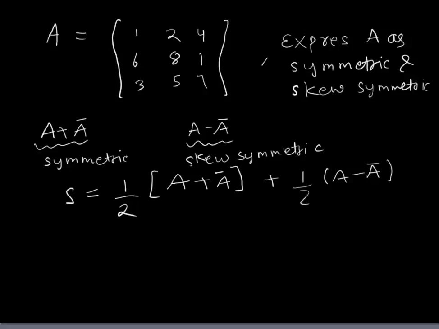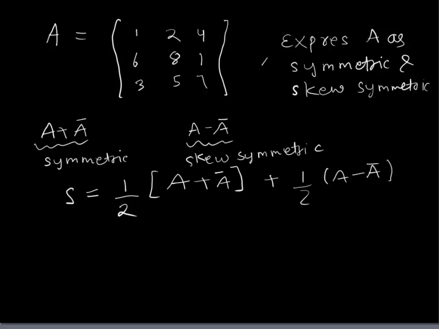So basically this is a way of representing A, and we can always do that, because if you add something to an expression and if you subtract the same thing from that expression, it's going to leave the value of the expression unchanged.